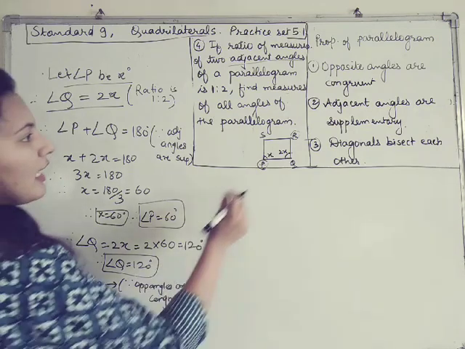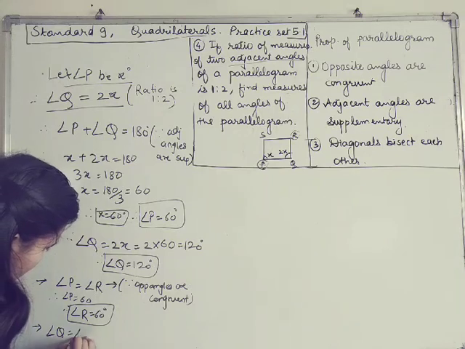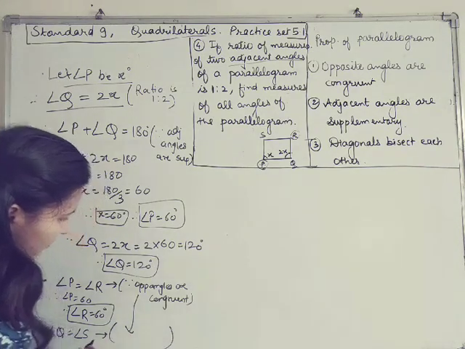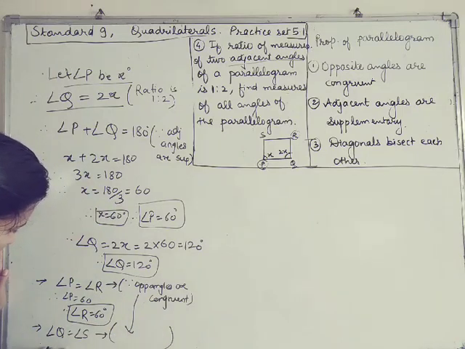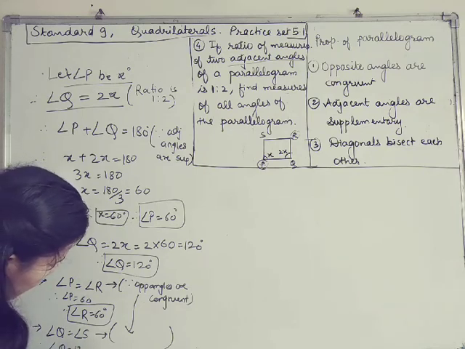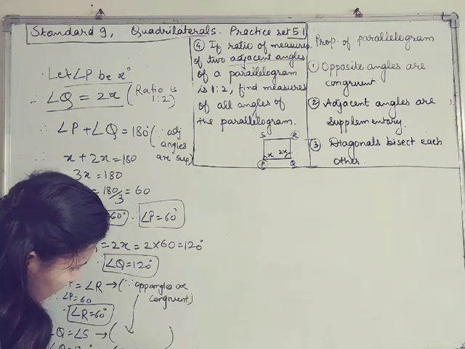Next, angle Q is congruent to angle S, for the same reason that opposite angles of a parallelogram are congruent. Angle Q is 120 degree. Therefore angle S will be 120 degree.